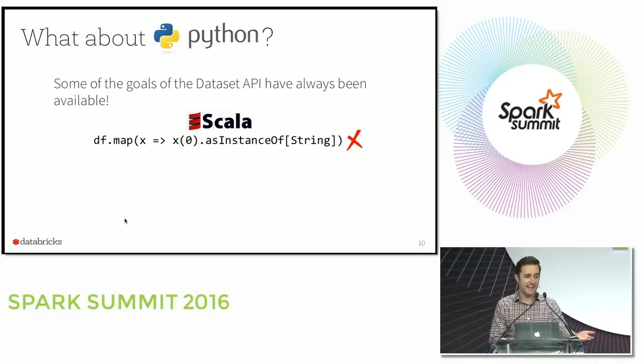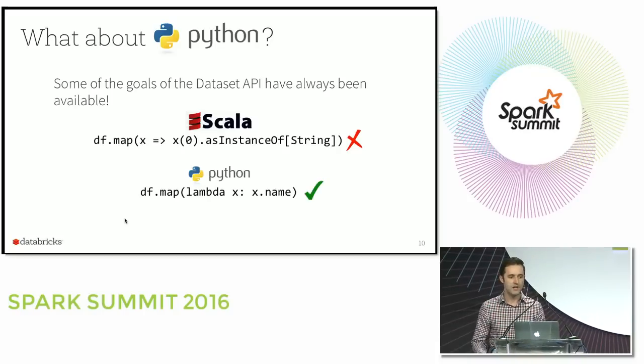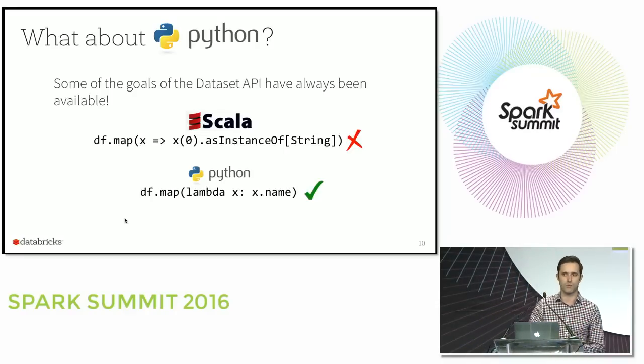I'm not sure. I guess it's a string, so it's probably the name. But if you get it wrong, you're going to get class cast exception errors at runtime. So this was always kind of awkward. But because of Python's dynamic typing, you've always just been able to access the fields by name. So there's not really a lot of reason to have this, although we're continuing to look at ways to make sure that all of the APIs are consistent and easy to use no matter which language you decide to work in.